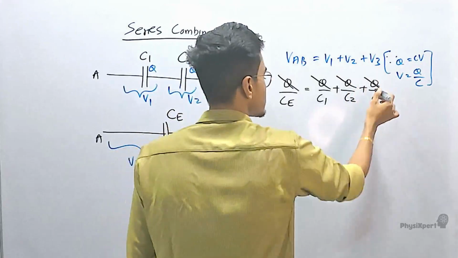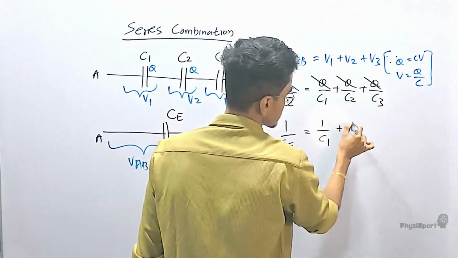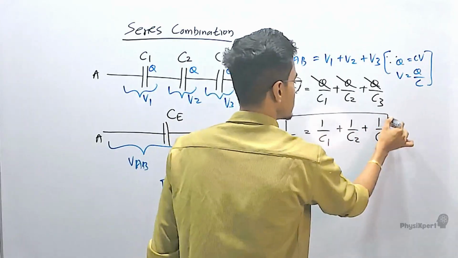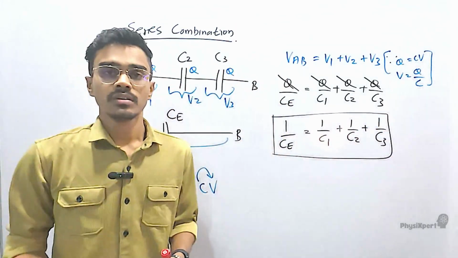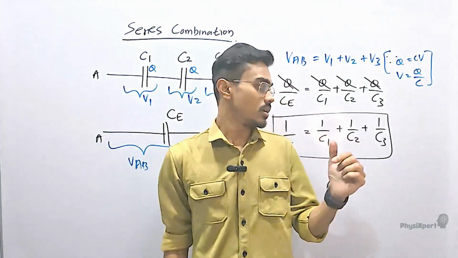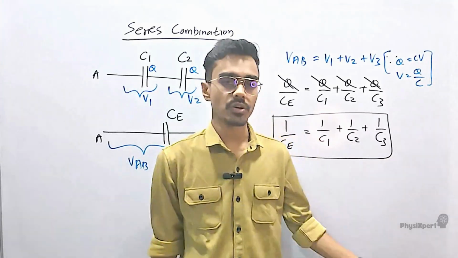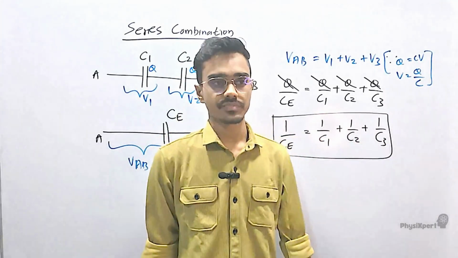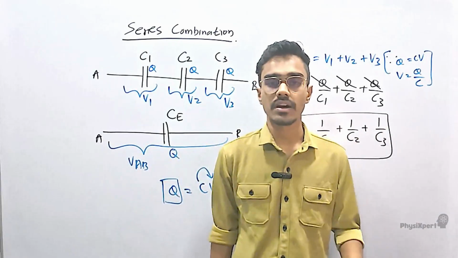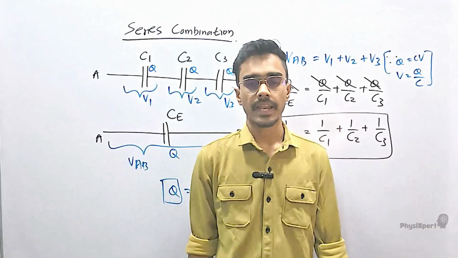Q cancels, so 1 over CE equals 1 over C1 plus 1 over C2 plus 1 over C3. This is the proved equation for equivalent capacitance in series combination. The higher the number of capacitors in series, the lower the equivalent capacitance, because this is an addition of reciprocals.